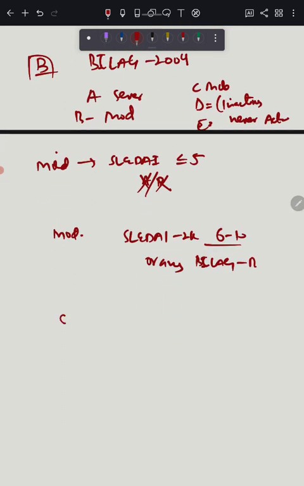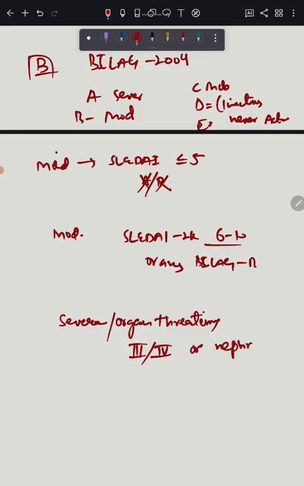Then comes severe, so severe or organ threatening, that is nephritis, lupus nephritis grade 3 or 4, or nephrotic, or neuro SLE, severe hemolysis, thrombocytopenia, alveolar hemorrhage, myocarditis, or SLEDAI score of greater than or equal to 11.